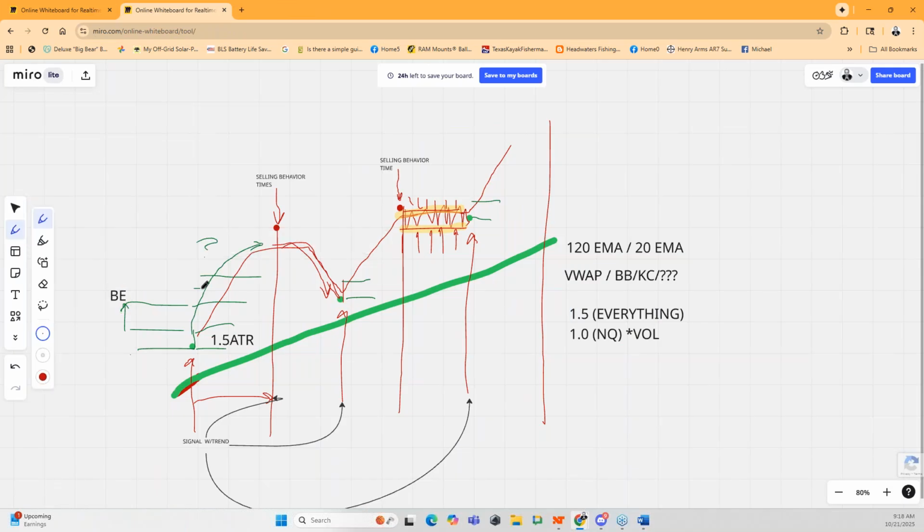If I move to 150% of what I was willing to risk in the trade, I will then move my trail stop to 100% of my risk.